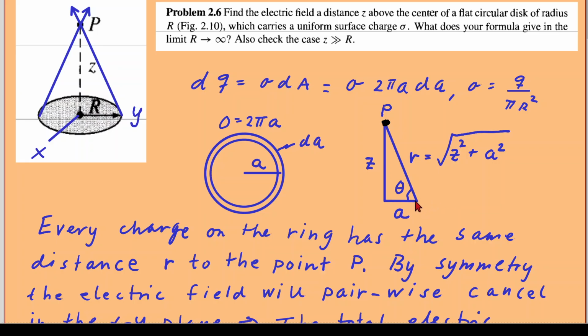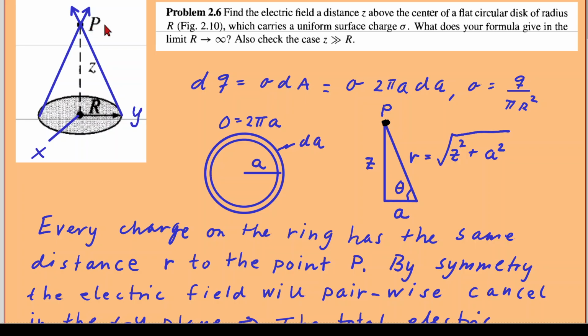And if you have a charge here, then the electric field in that point will be in this direction. And from a charge here, you will have the electric field direction over there. What you can see is a pairwise cancellation. Here you have a component in the electric field, but here you have the component in the other direction.